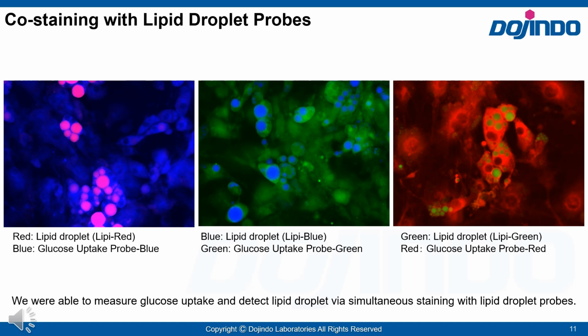These images are the results of co-staining with glucose uptake probes and lipid droplet probes in differentiated 3T3-L1 adipocytes. Given the various color versions, Dojindo glucose uptake probes can easily co-stain with green probes, red probes, or any other long wavelength fluorescent probe. As a result, we were able to simultaneously measure glucose uptake and detect lipid droplets.